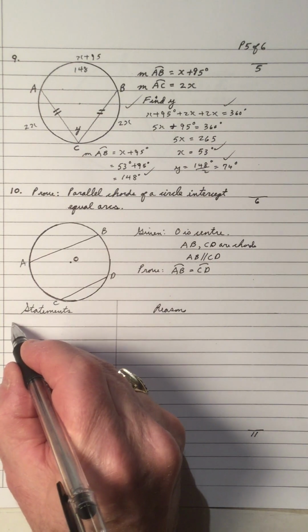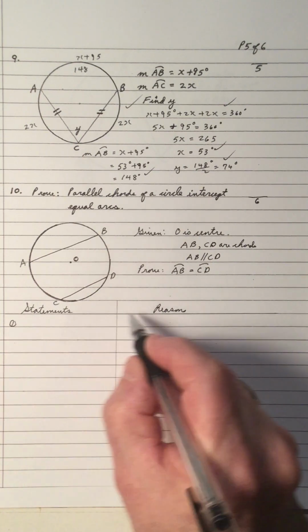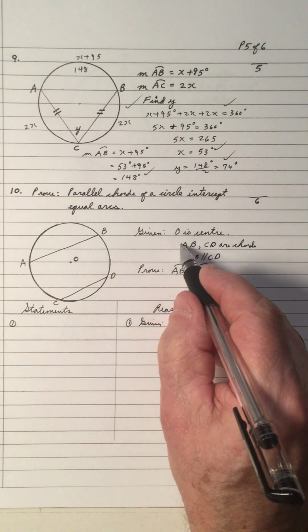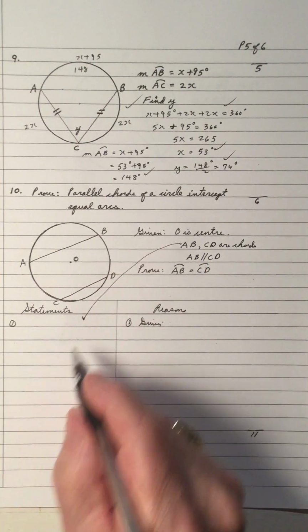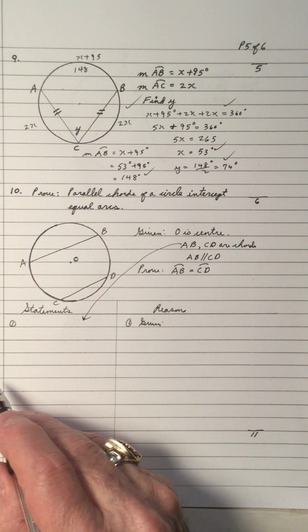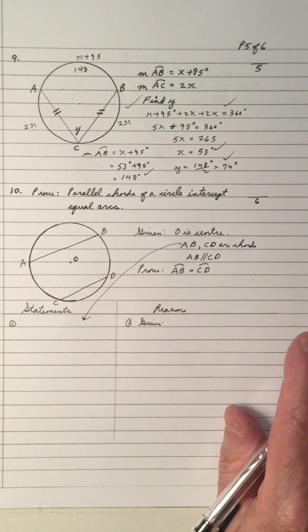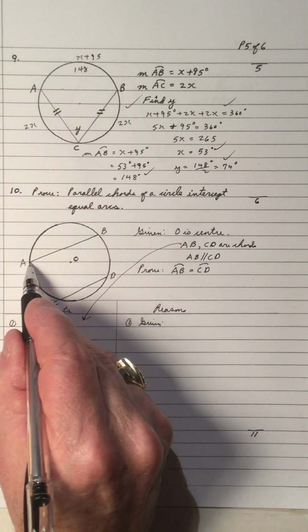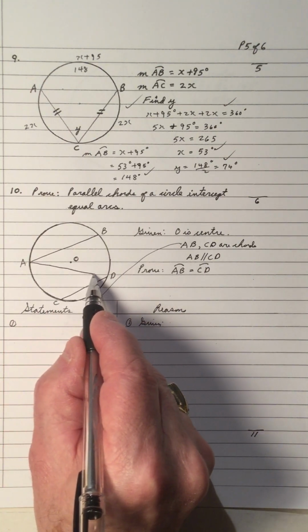So I'm going to take a shortcut. That's number 1 right there, the givens. I'm going to take all those givens and move them in right there, just to save time. Now, I have to join this up.